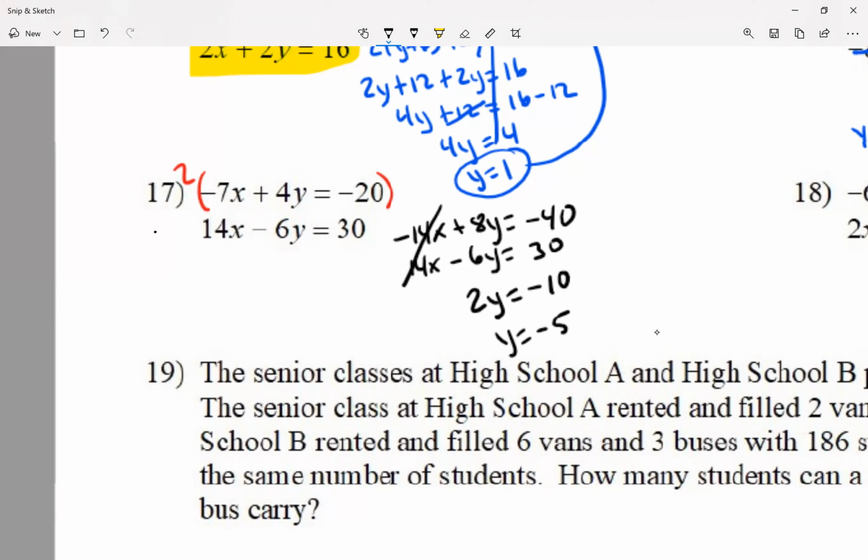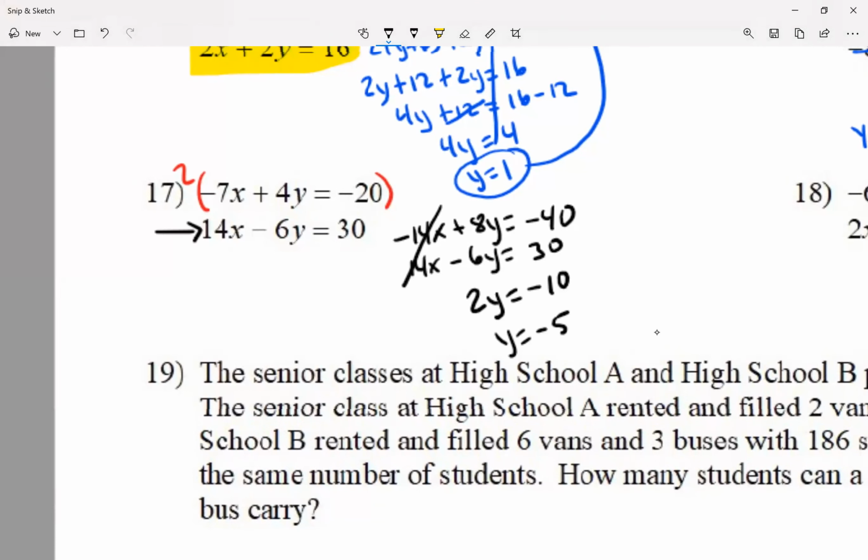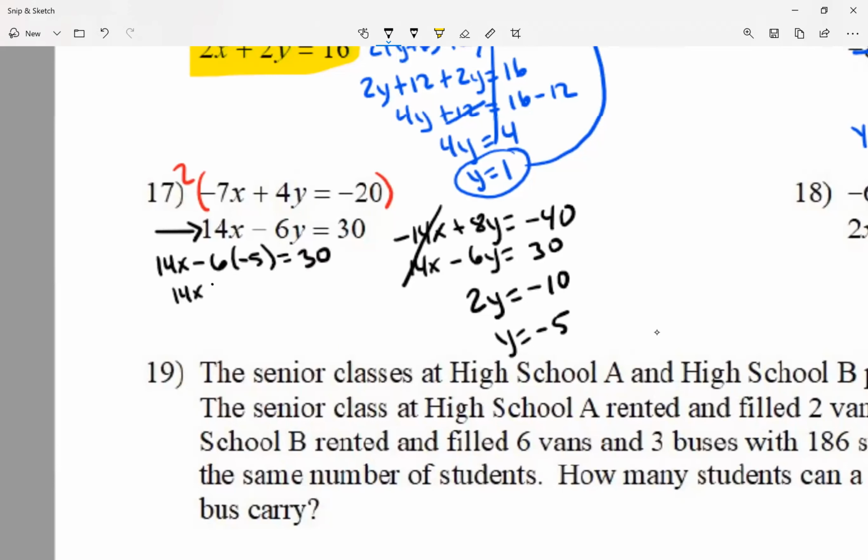Just to choose one, I'm going to choose the second one. I'm going to write 14x minus 6 times a negative 5 is equal to 30. So I have 14x plus 30 is equal to 30.